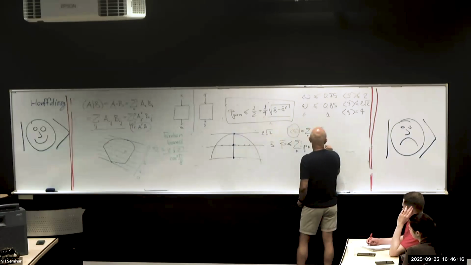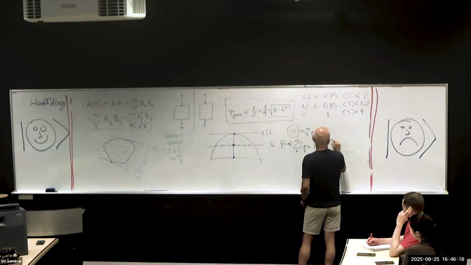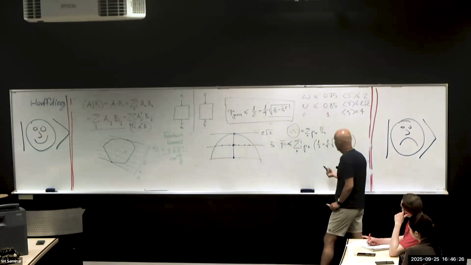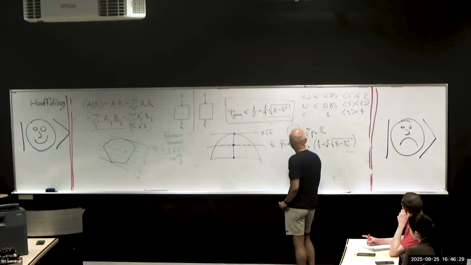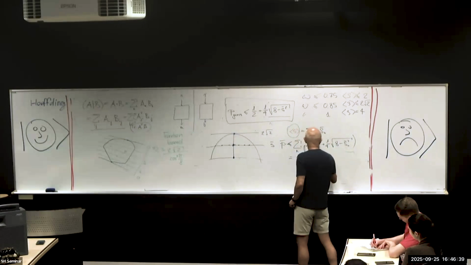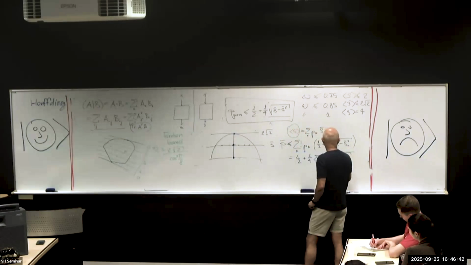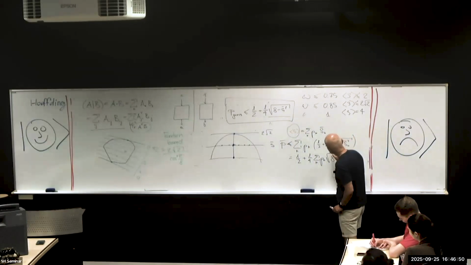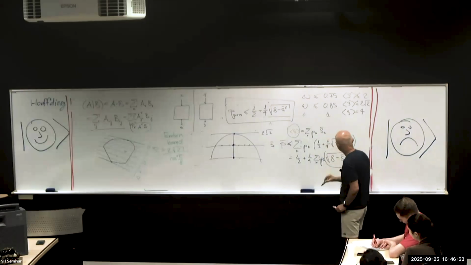It will be half plus 1 over 4 square root of 8 minus S sub K squared. And so let's take a look at this expression. So this is equal to half plus 1 over 4 sum over K P sub K square root of 8 minus S sub K squared.